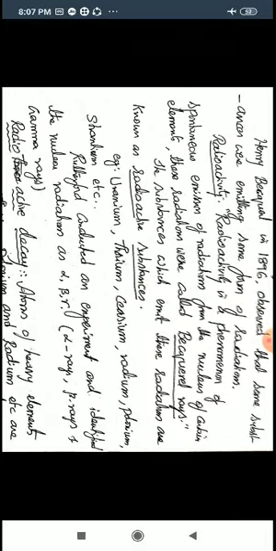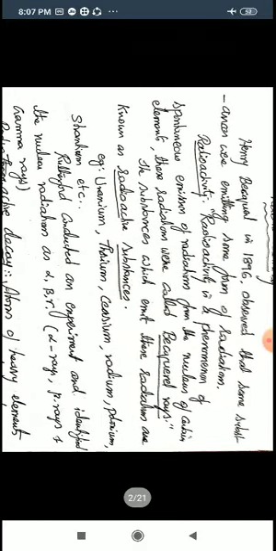Let us see radioactivity. Henry Becquerel in 1896 observed that some substances were emitting some form of radiations.